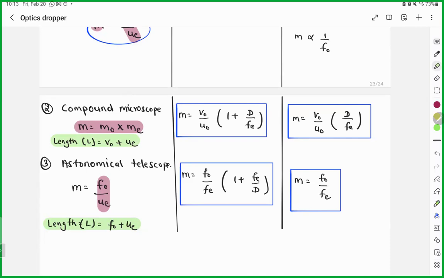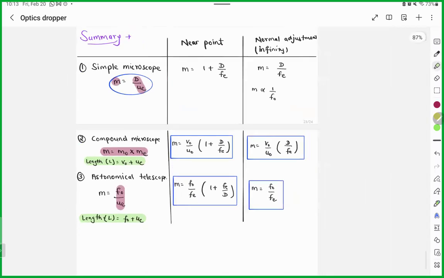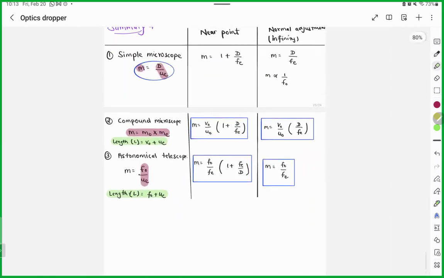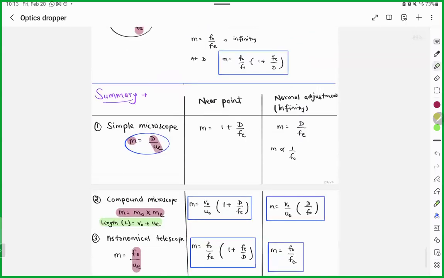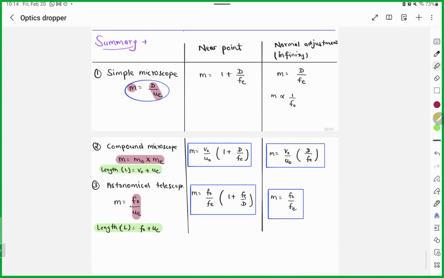No, sir. So write this. Anything we missed from the last point? No, because in the refracting type of telescope, you don't have this kind of formula. You have only this here.